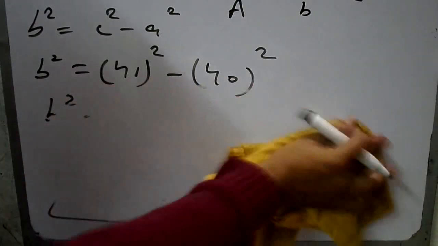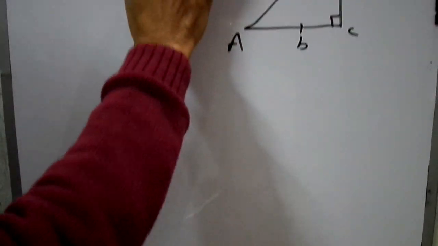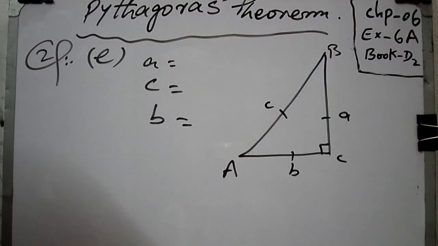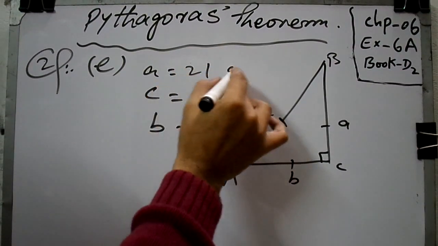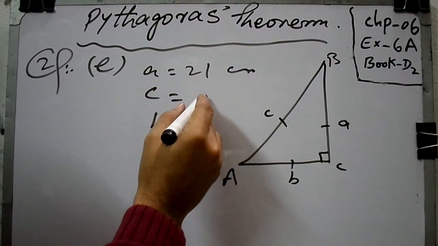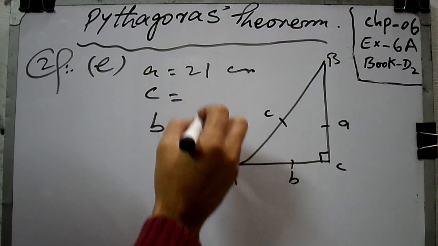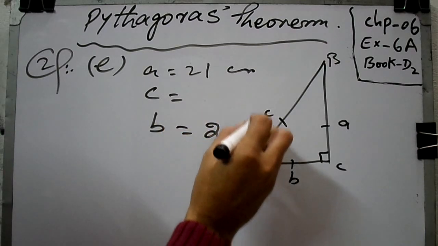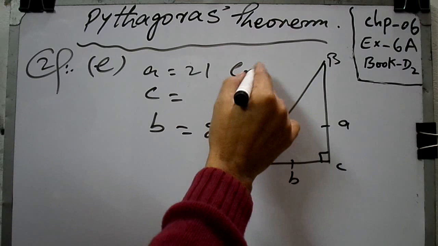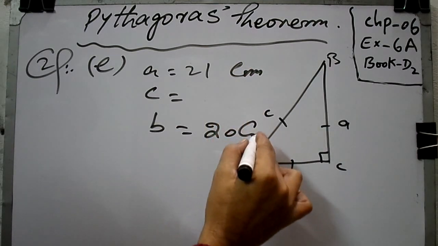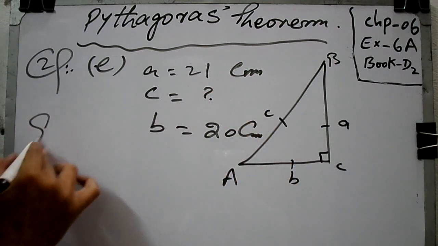So 9 centimeter is your required result. Now coming to the next part, if the value of A is given 21 centimeter and the value of B is 20 centimeter, so it means the value of C is unknown.